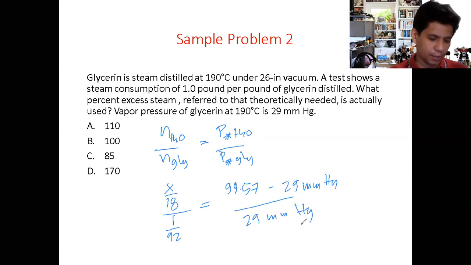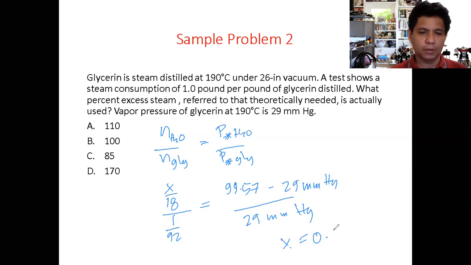Let's try to calculate this. So I'm getting something like 0.476. X is equal to 0.476.